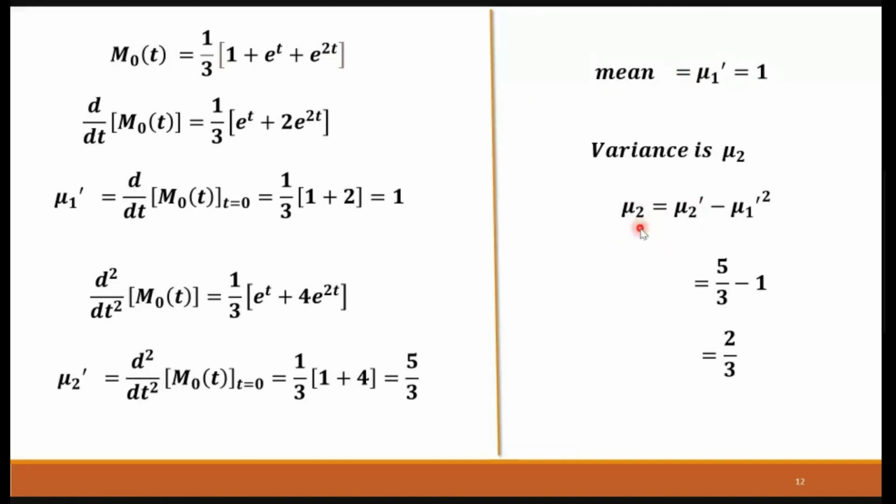And the second central moment, that is mu2, gives you the value for variance. So variance is actually E of x square minus E of x the whole square. E of x square is mu2 dash. E of x is mu1 dash. So E of x square minus E of x the whole square will give you the variance. So variance is equal to 2/3.